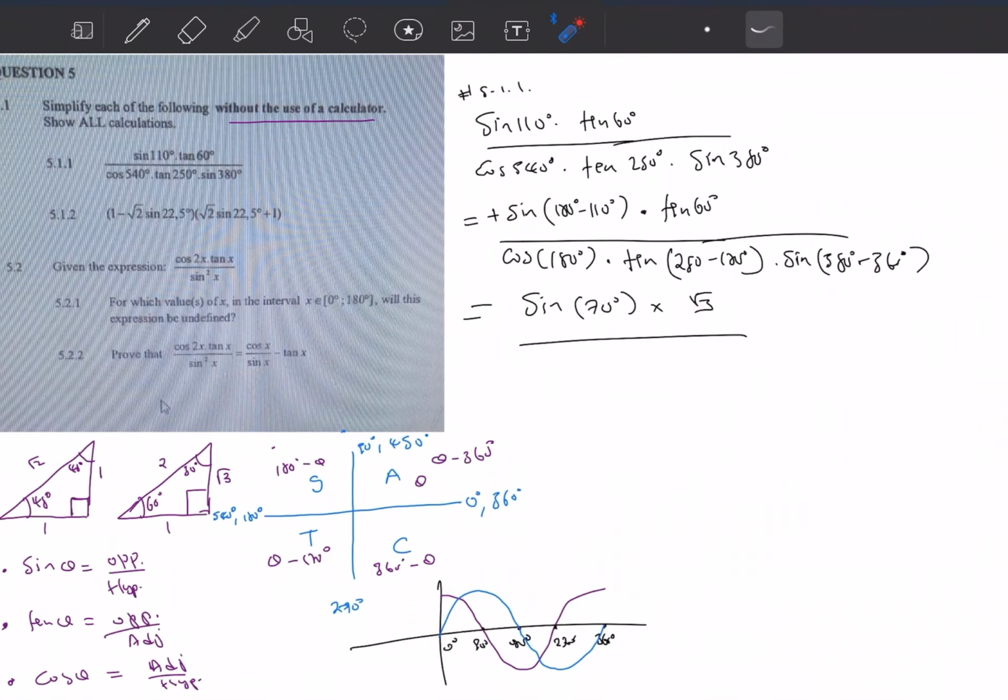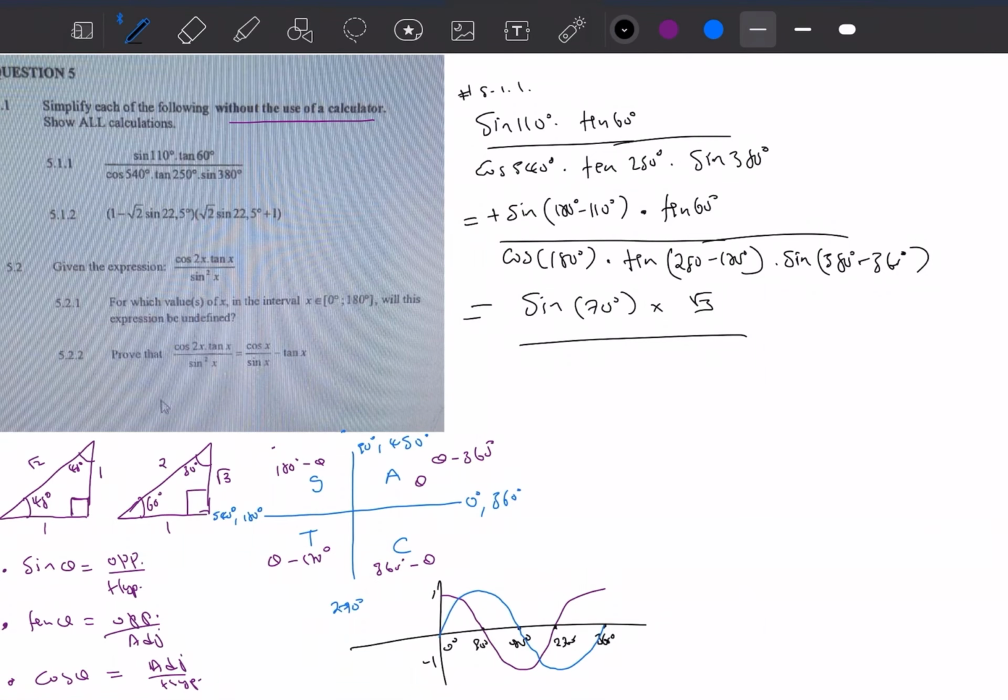So when cos is 180, remember again, this is between 1 and -1, right? They are all between 1 and -1.